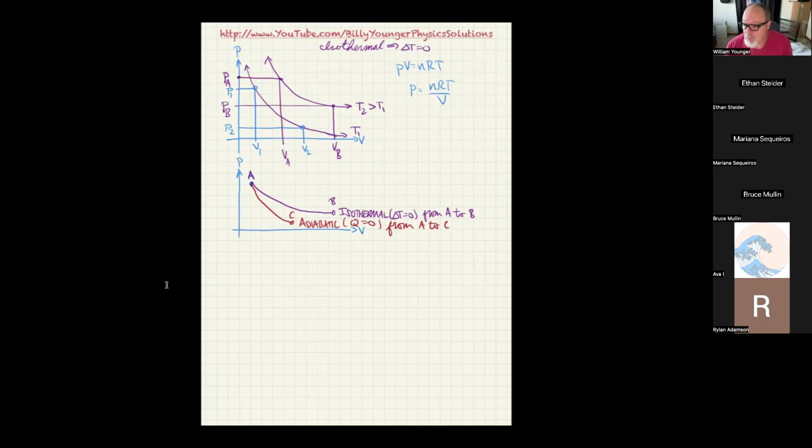Because with the isothermal process, you can add heat, and the temperature is locked down, so delta E internal is equal to 0. That means any heat added will go completely to work done.